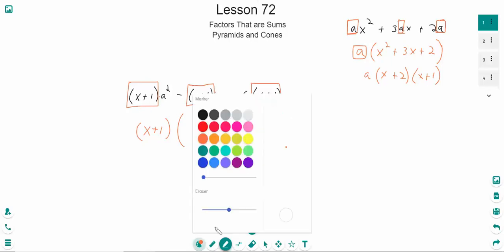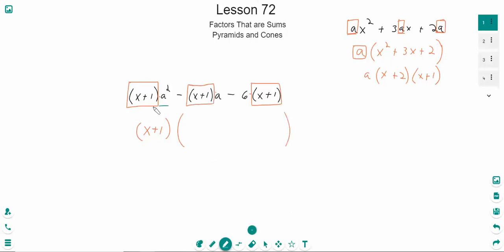So I pull out the x plus 1, and then I divide each of these terms by the x plus 1. If I think of this term right here being divided by an x plus 1, we could recognize that the x plus 1 is going to cross out the denominator x plus 1. They're going to reduce, right? X plus 1 divided by x plus 1 is just going to be 1. They're just going to reduce out. So in a sense, it disappears, and we're left with just the a squared.